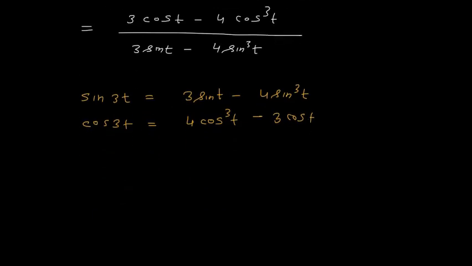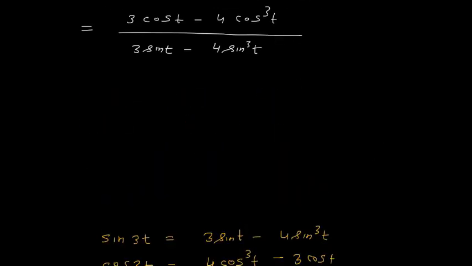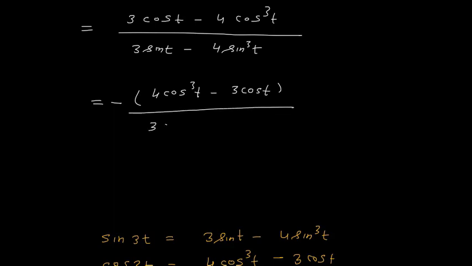Only I have to take the minus sign common. So I will write this as equals to, taking the minus sign common, 4 cos cube t minus 3 cos t, whole divided by 3 sin t minus 4 sin cube t.